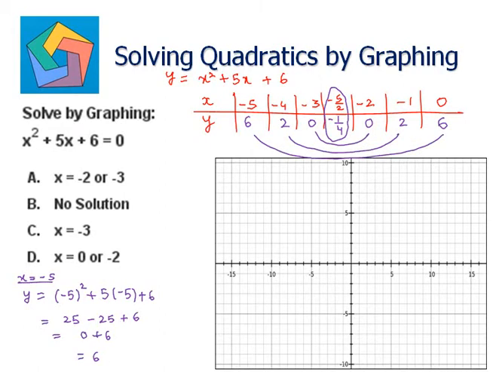So let us graph this. -5, 6. -4, 2. -3, 0. -5/2, -1/4. -5/2 will be in between -2 and -3.